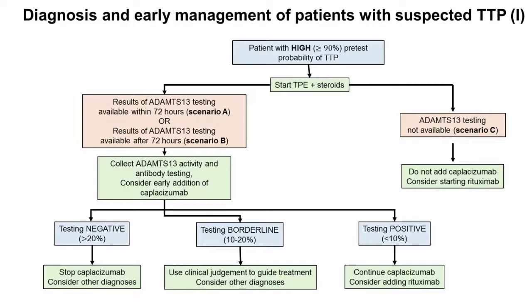If the ADAMTS13 is borderline, between 10 to 20%, the panel suggests that we use clinical judgment to guide the treatment, because there are still a lot of things that we don't know yet.